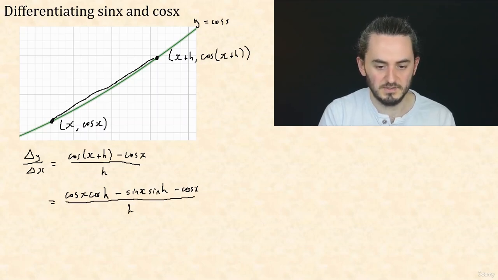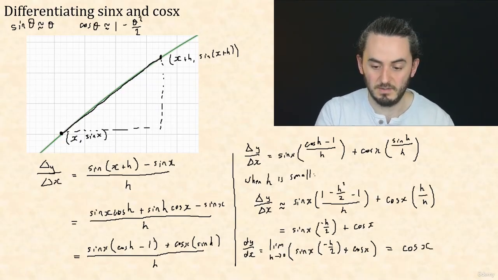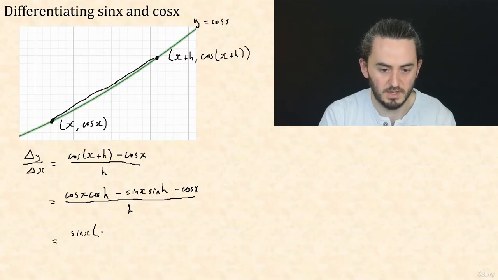Now, just as we did in the proof for sine, we're going to figure out how many sine x's have I got and how many cos x's have I got. So how many sine x's have I got? Well, I've got sine x multiplied by minus sine h.